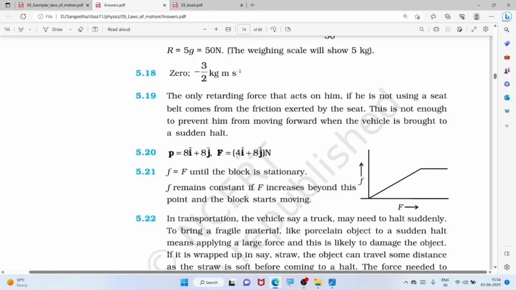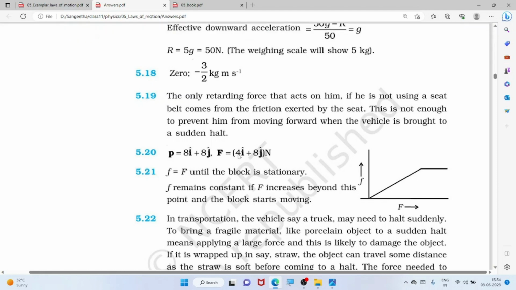The only retarding force that acts on him if he is not using the seat belt comes from the friction exerted by the seat. So this is not enough to prevent him moving forward when the vehicle is brought to a sudden halt.